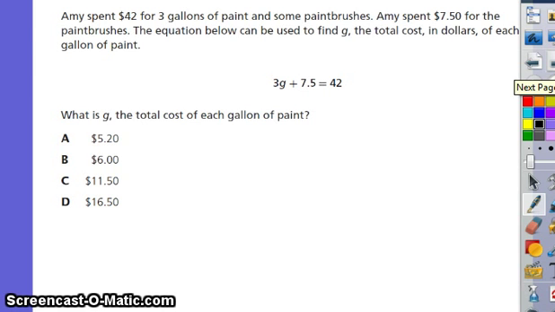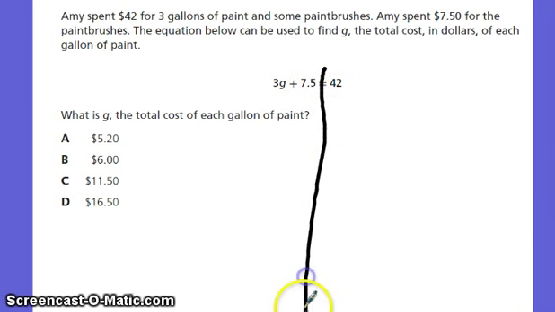Amy spent $42 for 3 gallons of paint and some paint brushes. She spent $7.50 for the paint brushes. The equation below can be used to find G, the total cost in dollars of each gallon of paint. We've got the equation, and it says what is G, the total cost of each gallon of paint. So let's subtract $7.50 from both sides there.